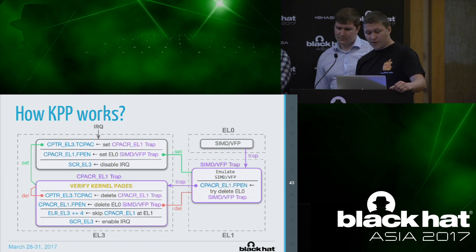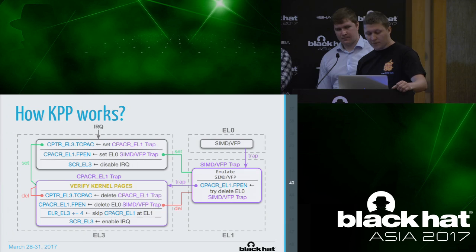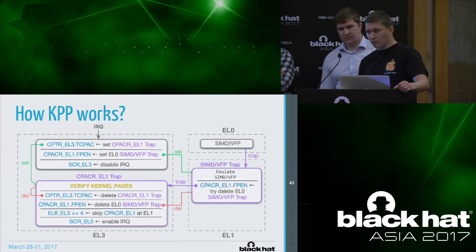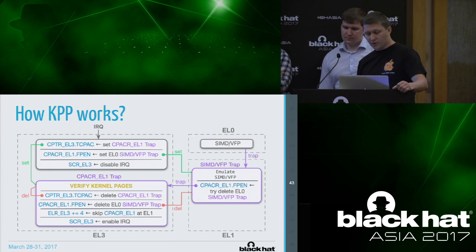This triggers another trap in exception level 3, and there the kernel checks all the hashes for the translation table, pages, and registers. Then it removes the CPACR trap, then the SIMD floating point trap, and finally it jumps over the CPACR instruction in EL1. Then it enables interrupts again, so the next time it will start from scratch.